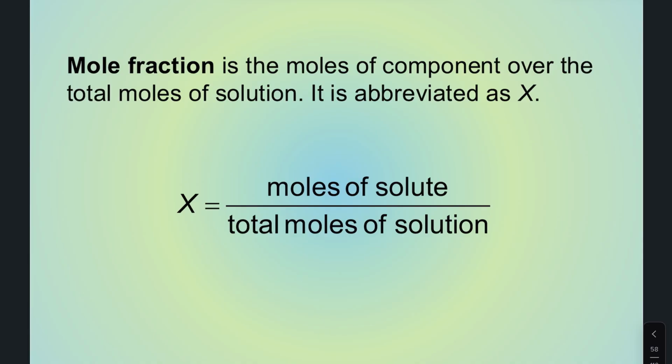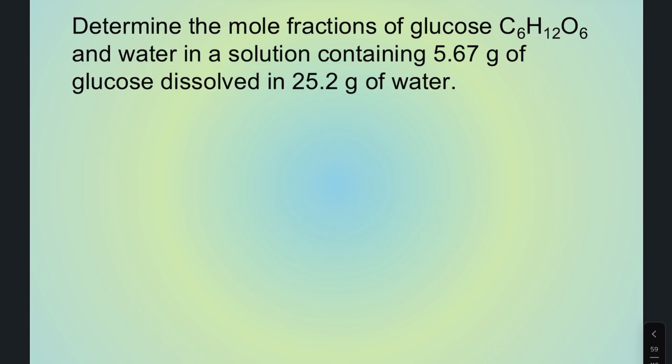So for example, if we have NaCl and H2O, then we would put the moles of NaCl on top, and then the moles of NaCl plus the moles of H2O on bottom to find what the mole fraction would be of NaCl.